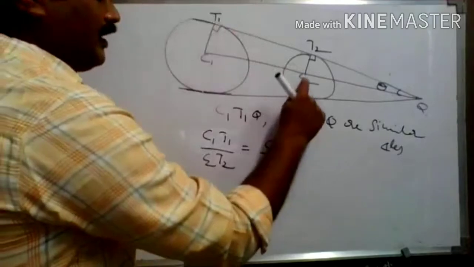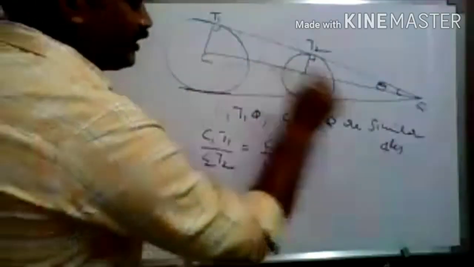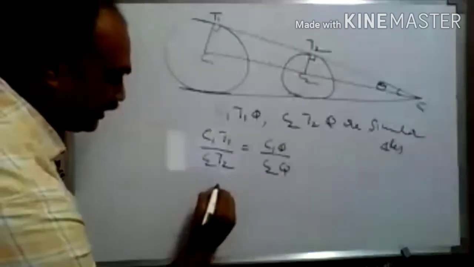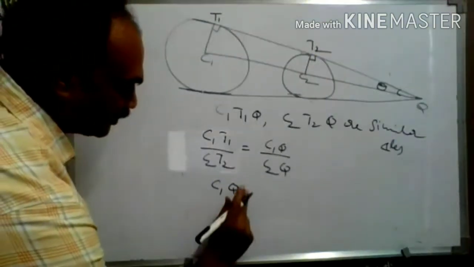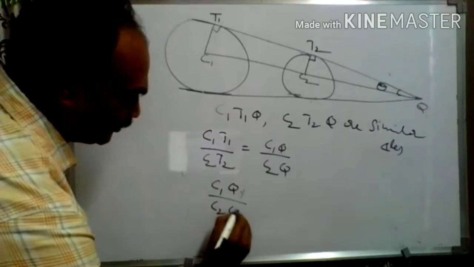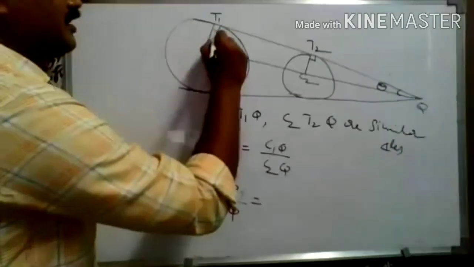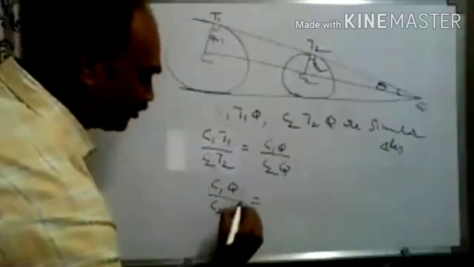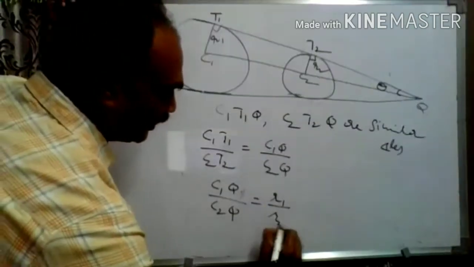C1T1 is the radius of the first circle, C2T2 is the radius of the second circle. So C1Q by C2Q is equal to R1 by R2.